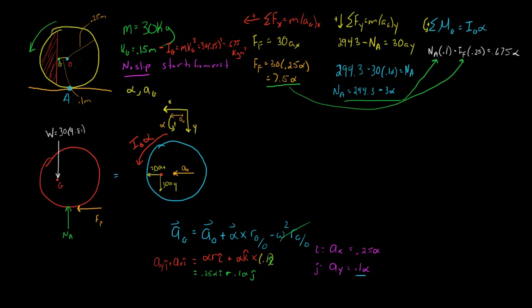So if I put this in, this is in terms of angular acceleration, this is in terms of angular acceleration, and of course this is in terms of my angular acceleration. So when I substitute this in and solve for my angular acceleration, I get my angular acceleration is equal to 10.34 radians per second squared.